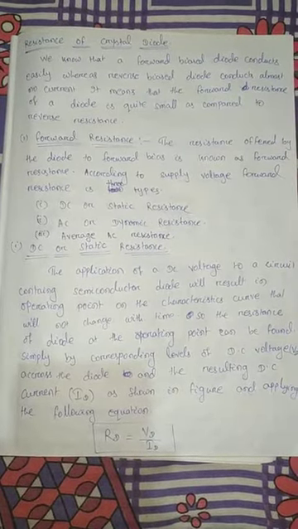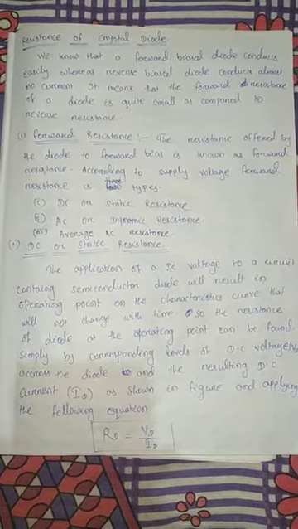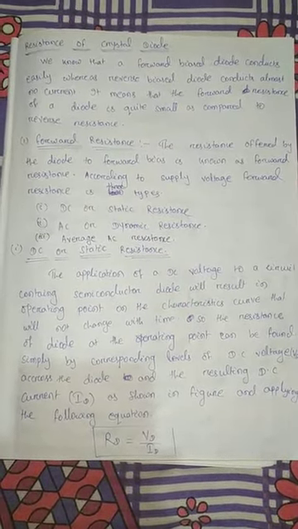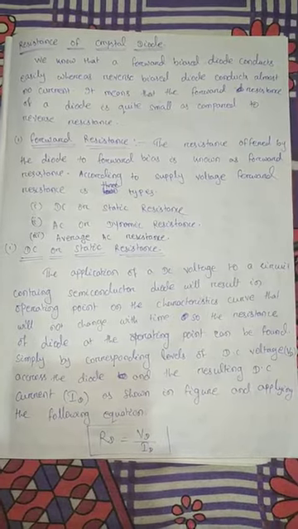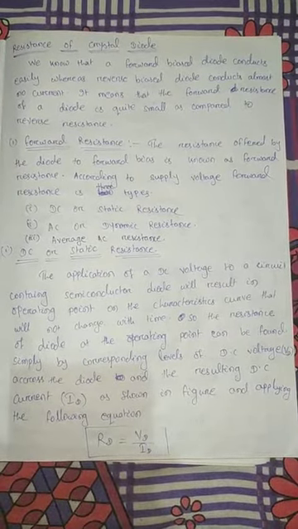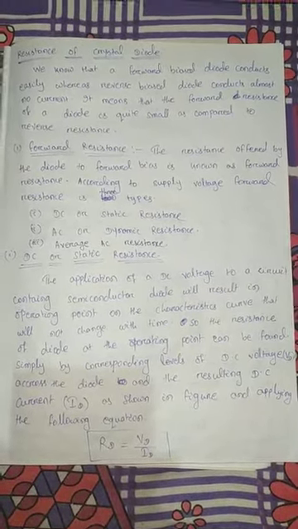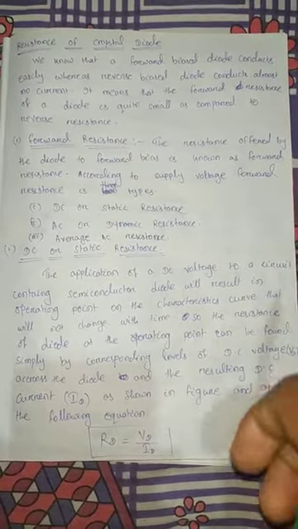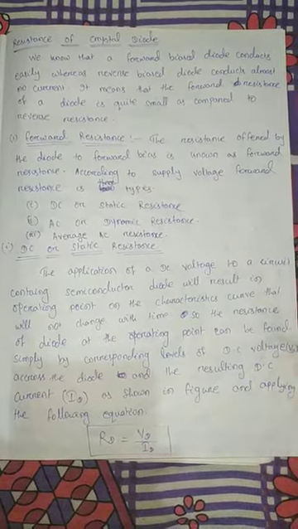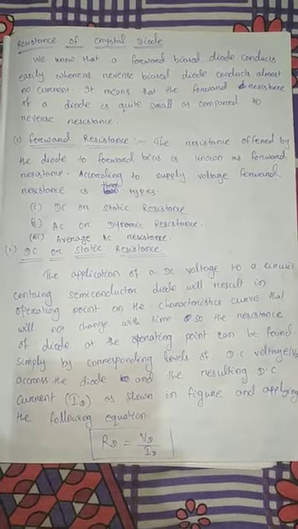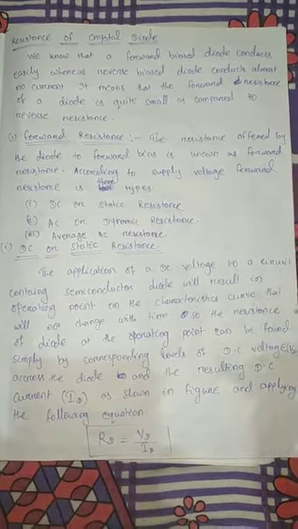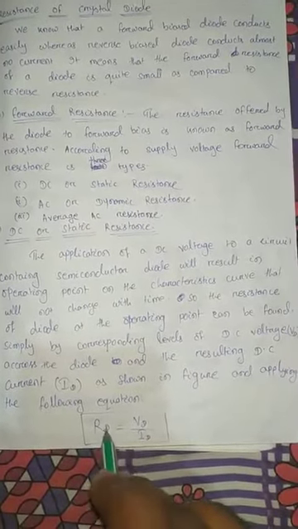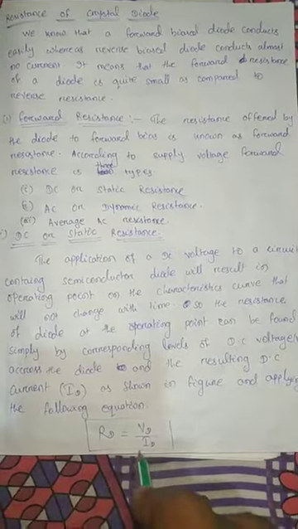So the resistance at this operating point can be simply found by finding the corresponding levels of the DC voltage Vd across the diode and the resulting DC current Id. After obtaining Vd and Id at the operating point, we get the DC or static resistance Rd equal to Vd divided by Id.